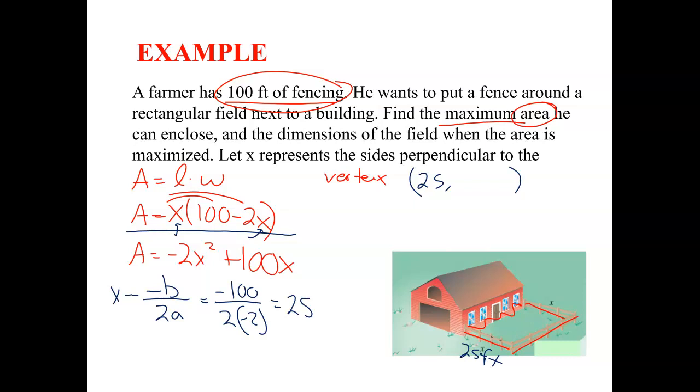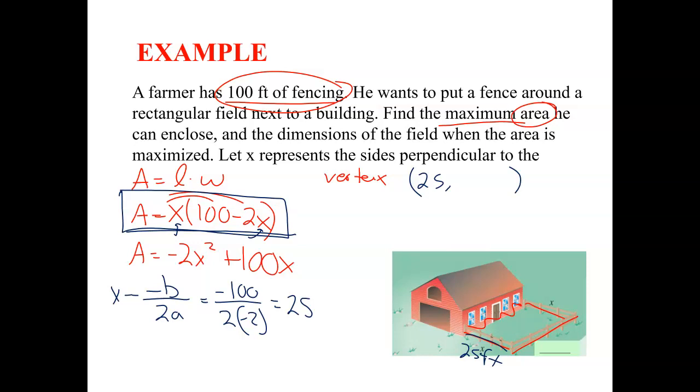The area. Because my equation, my two-variable equation, my output is area. Output. Dependent variable. Y represents area. While my independent variable, my x value, my input, represents x, which is the side of that fence.